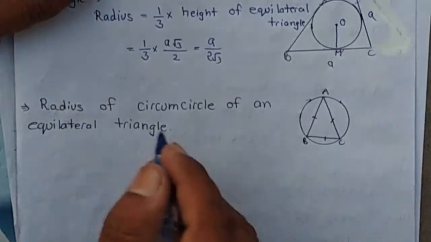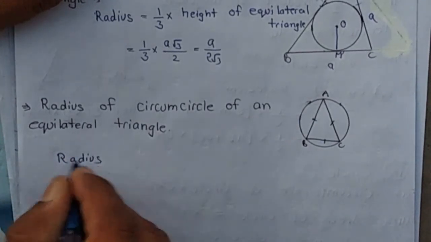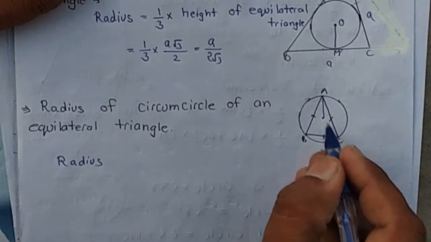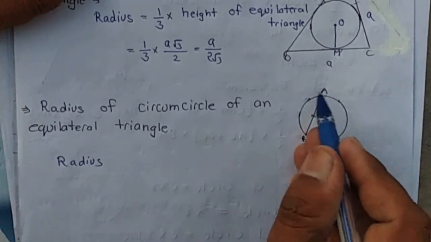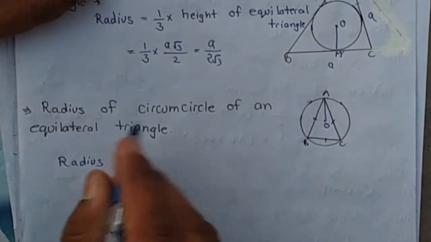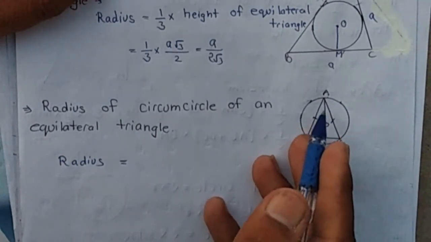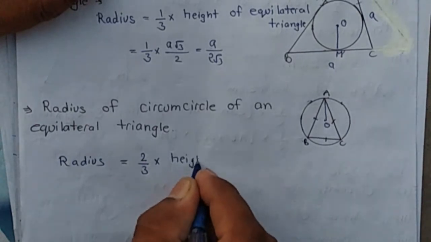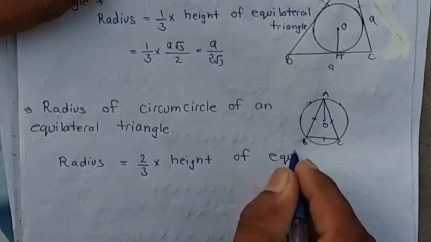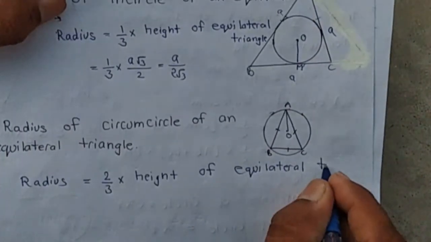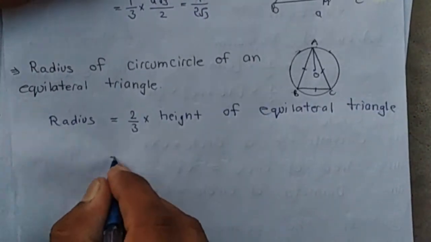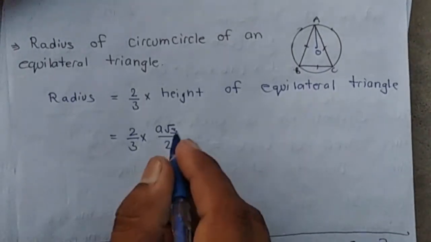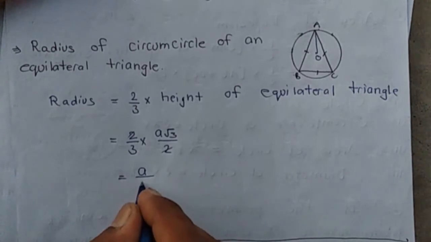Now the radius of the circumcircle of an equilateral triangle. Circumcircle means the circle passes through the vertices of the triangle, where the vertices are A, B, C, and the circle passes through these points, and O is the center. Then the radius of the circumcircle of an equilateral triangle is 2/3 of its height, meaning 2 by 3 into A root 3 by 2, then it is equal to A by root 3.